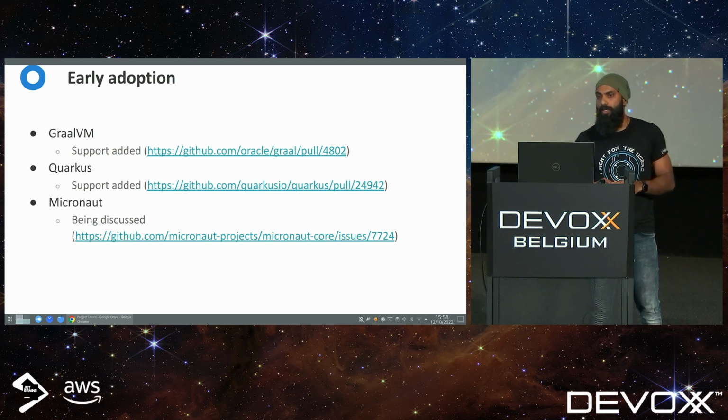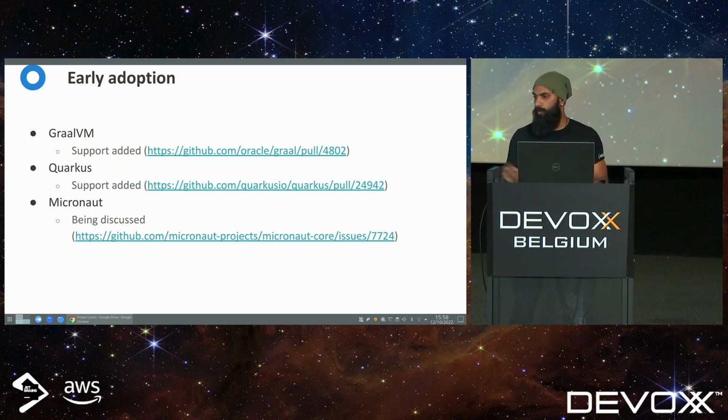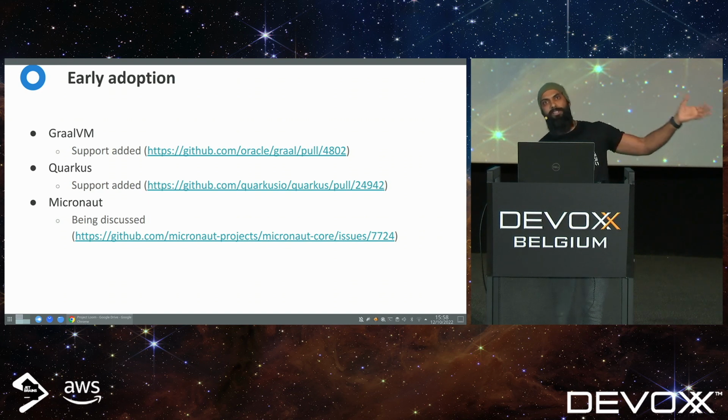Some projects have already started using or are planning to use these features. I think GraalVM already added support for that. The PR has been merged. Quarkus already added support. Micronaut discussion is happening. Unfortunately, there is nothing solid that I found in the Spring ecosystem around this. I found some people trying some things by playing with the configurations and providing their own thread factories.